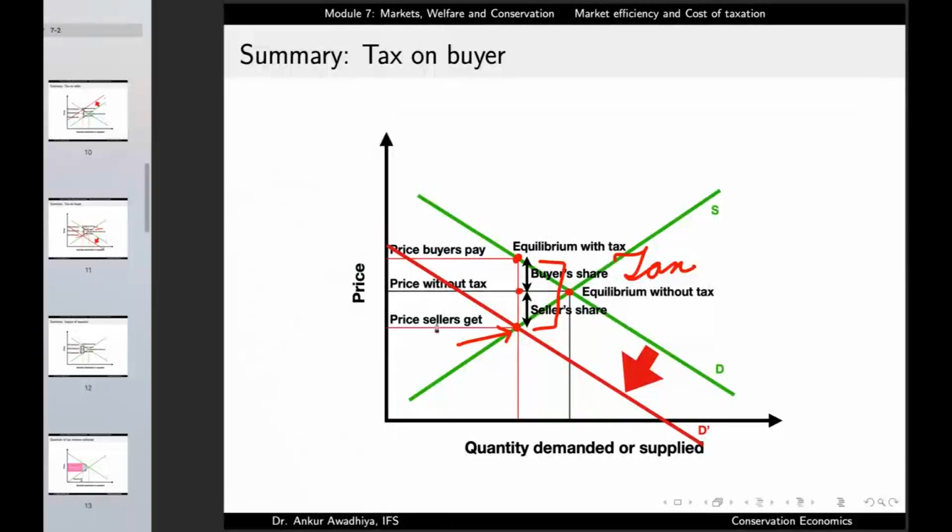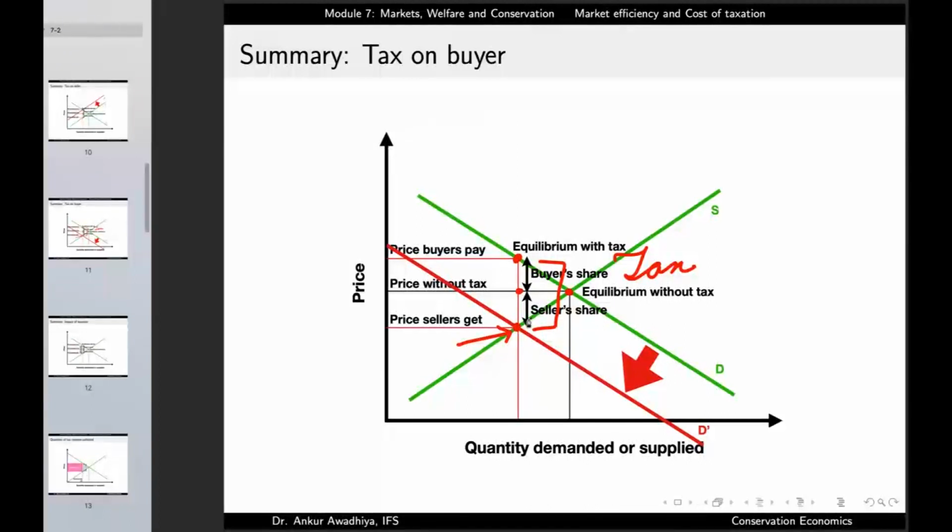On the other hand, earlier the sellers were getting this price, but now they are getting this price. So the seller's share is this much, the amount that they were getting before minus the amount that they are getting now.